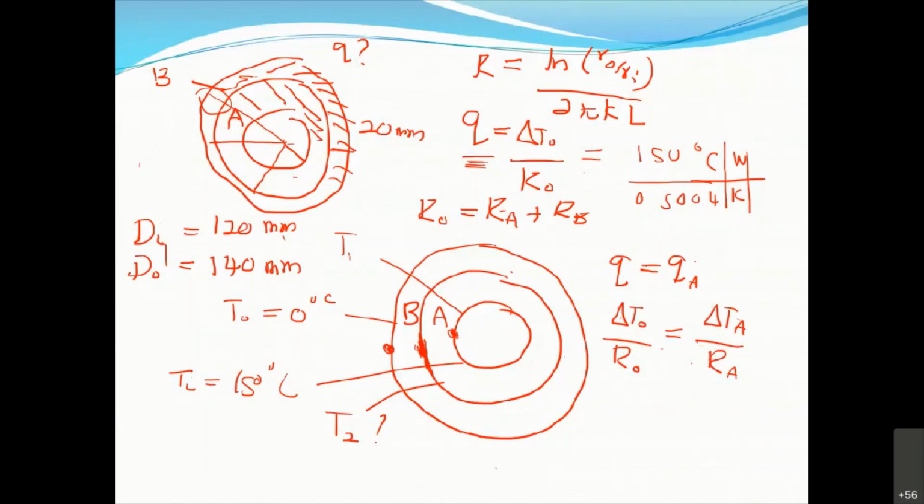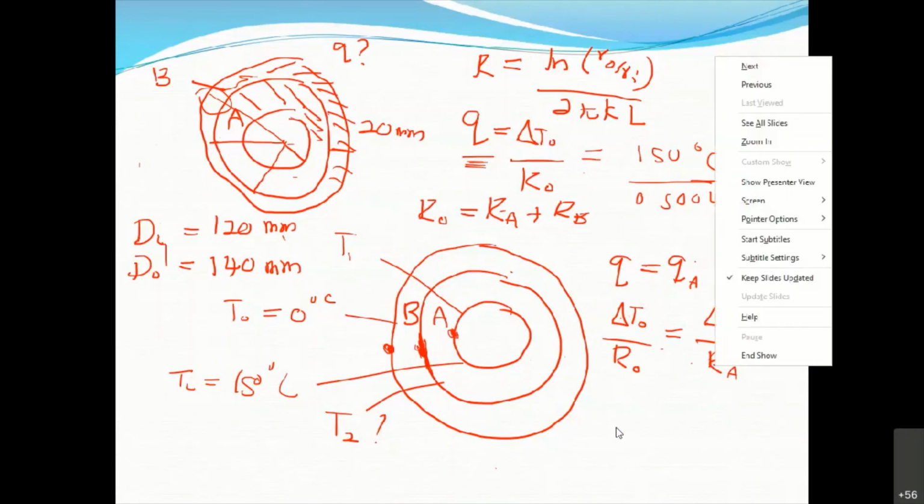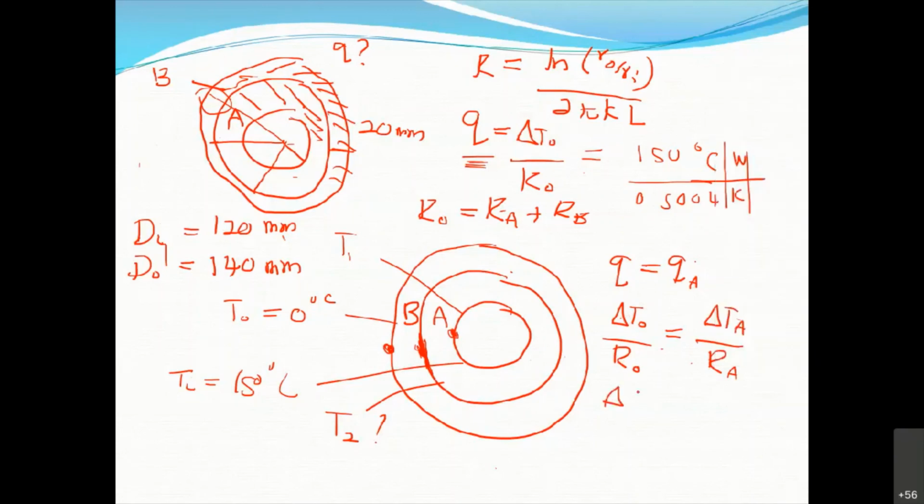Once we know the delta T overall, we have calculated the R overall, and we also calculated the RA. So delta TA is just T inside minus T2, which is the temperature that we want to find. Once you get the value of delta TA, you already know the value of T inside, which is 150 degrees Celsius. So T2 is going to be T inside minus delta TA.